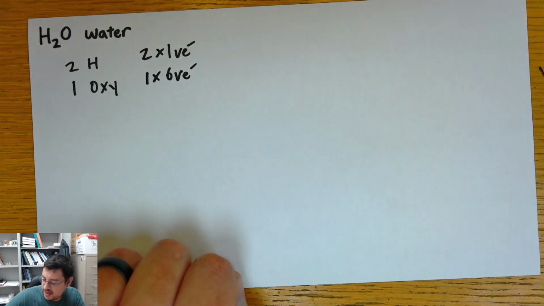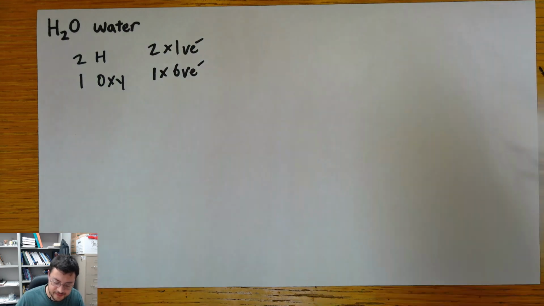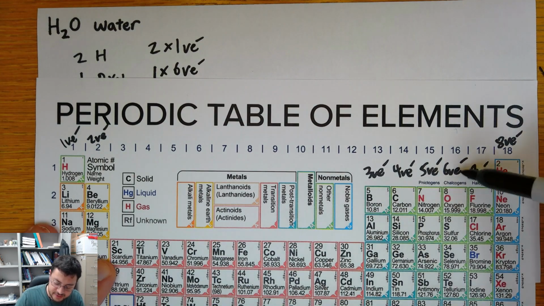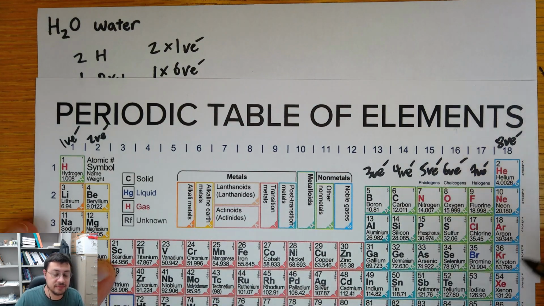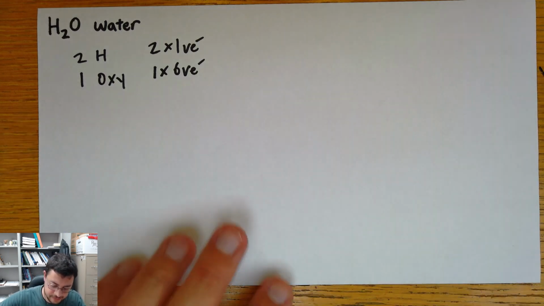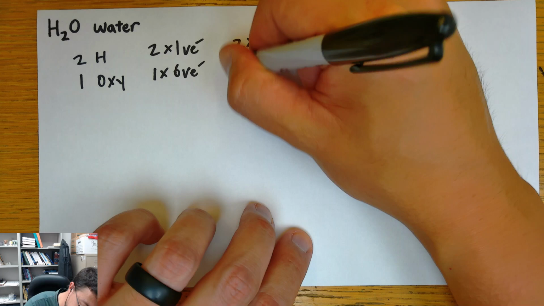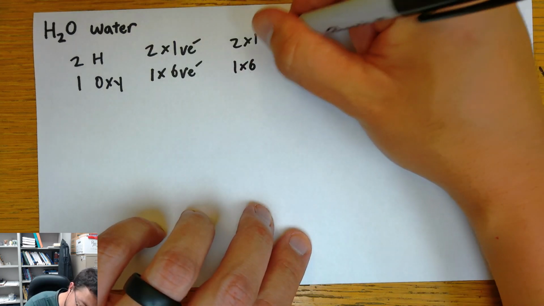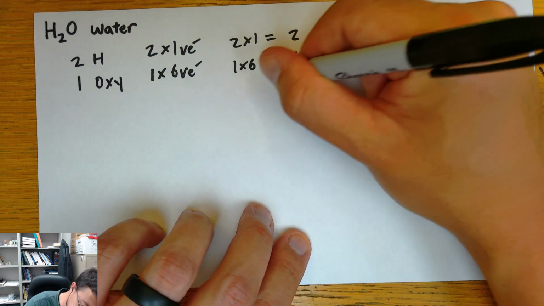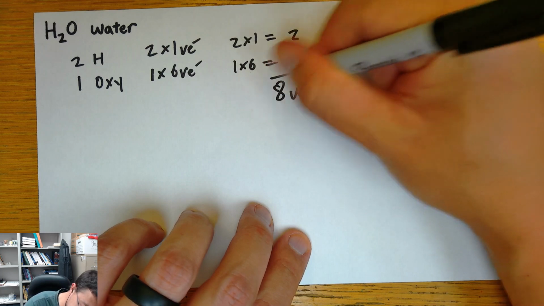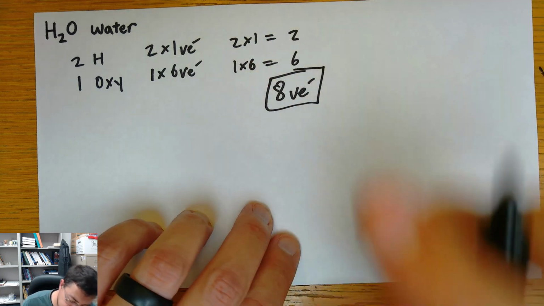Oxygen is in the column with 6 valence electrons. 2, 6, 8 valence electrons total.